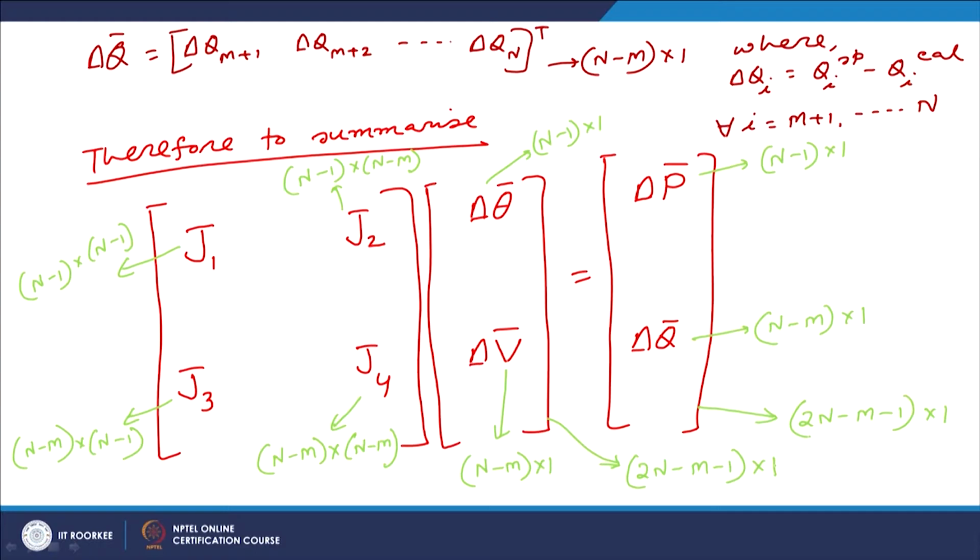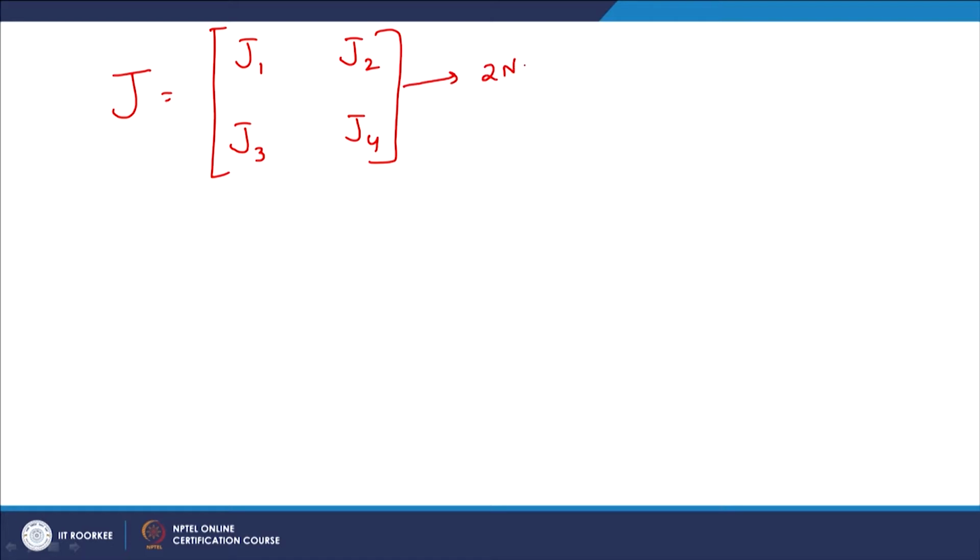And this matrix J1, J2, J3, J4 is called the Jacobian matrix, the matrix J. This has a dimension of 2n minus m minus 1 cross 2n minus m minus 1.